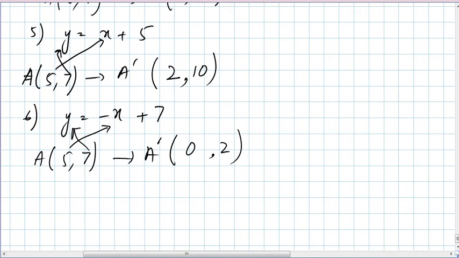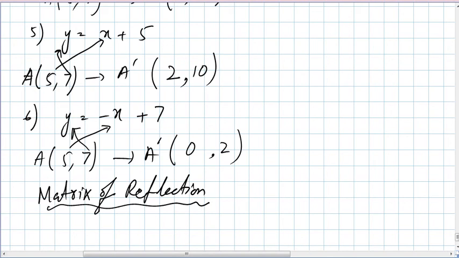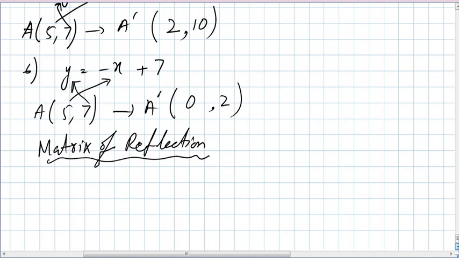And now there is a matrix. We have to write the matrix of reflection. As we know that there is a unit matrix or identity matrix which is 1 0 0 1.